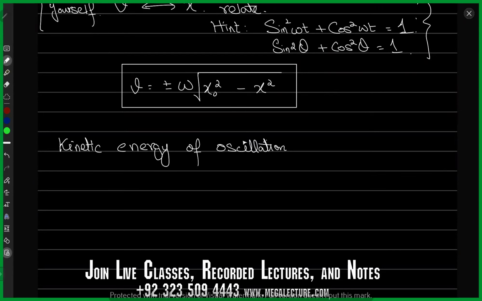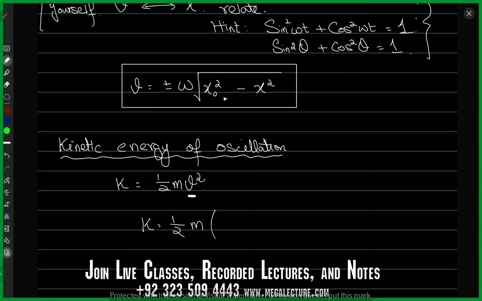So the kinetic energy of the oscillation can be written in terms of velocity, because I know that the kinetic energy is half mv squared, where m is the mass of the system that is oscillating, and v is the speed with which the system is oscillating. And so now I just plug in the value for v that we found over here, and the kinetic energy of such a system is half m.